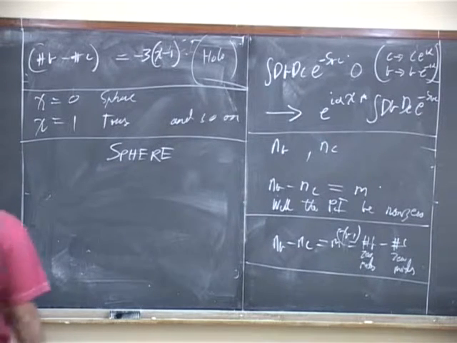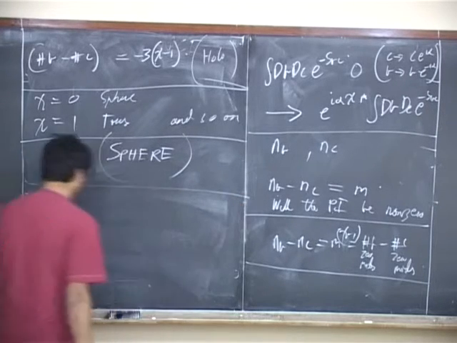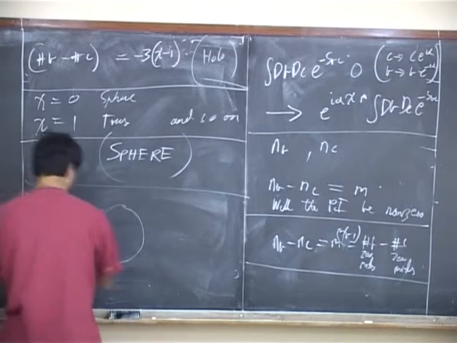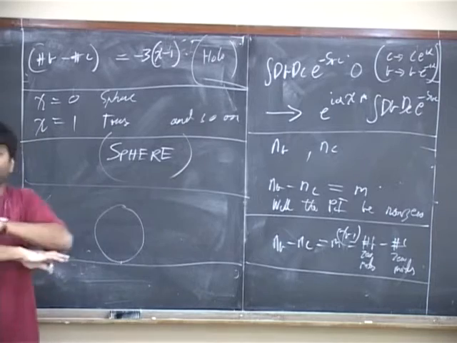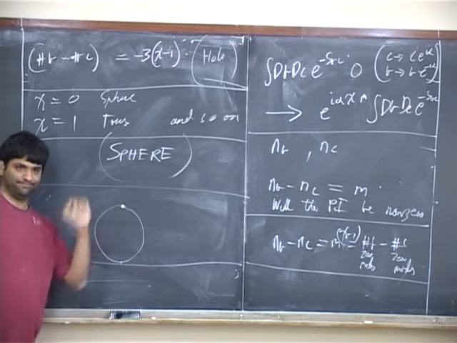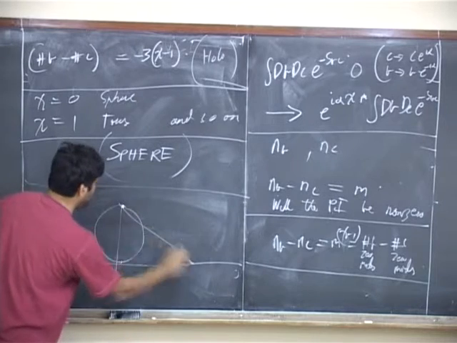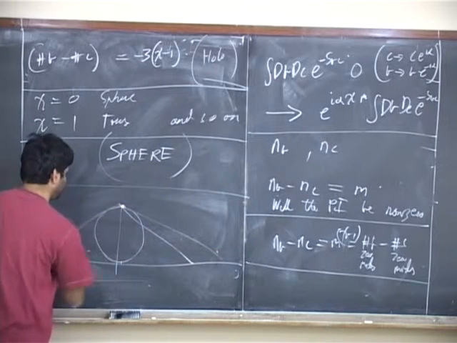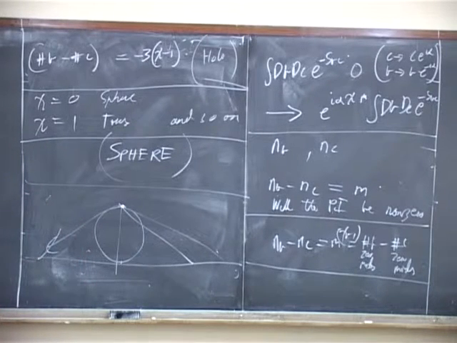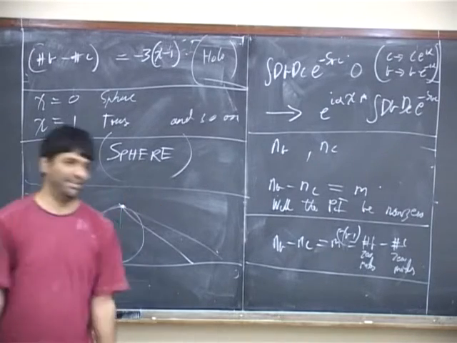Okay, so the question is, what is a sphere? We can think of the sphere as conformally equivalent to the complex plane by the usual projective mapping. Okay? So you've got this projective mapping that maps points from the sphere to points in the complex plane, including the point at infinity.